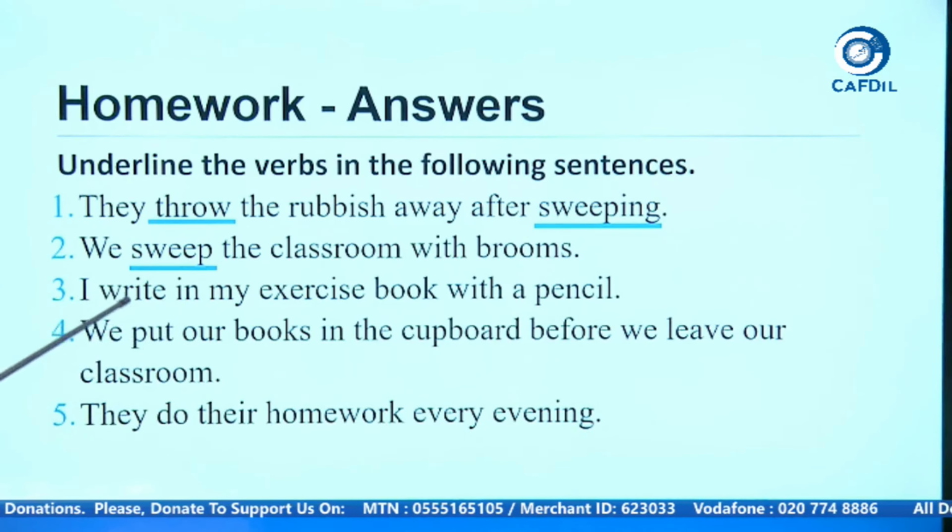Number 4: We put our books in the cupboard before we leave our classroom. Here, how many verbs do we have to underline? 2. Put and leave. Did you get that one correct?